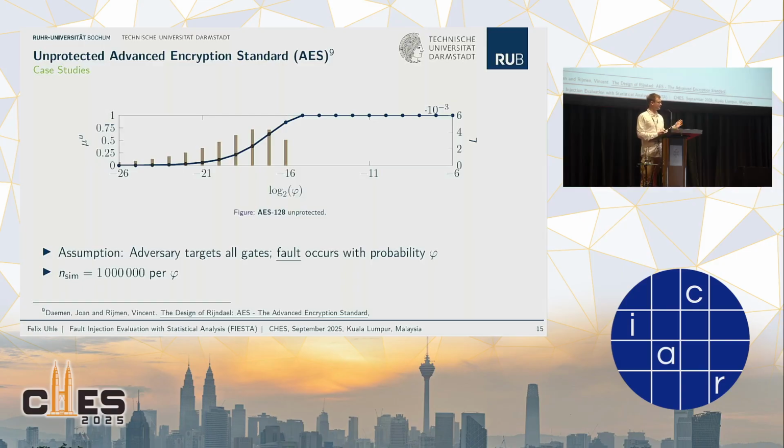On the y-axis on the left, we have the upper bound of the advantage, and on the right we have the size of the confidence interval, so upper bound minus lower bound. For each probability here, we did 1 million simulations, and we have assumed an adversary that targets all gates. And this is our baseline.